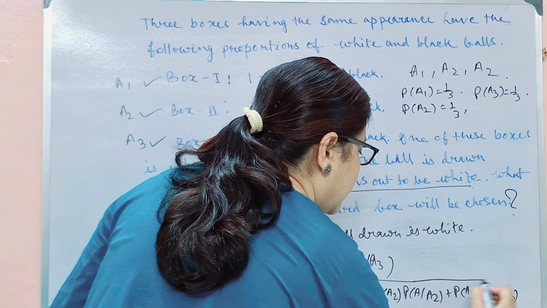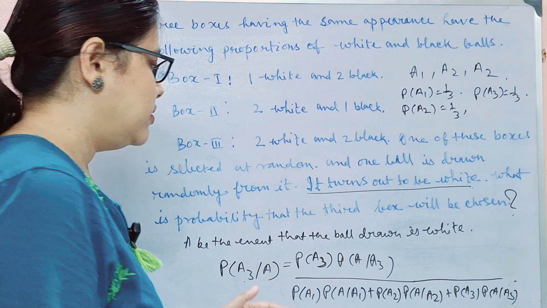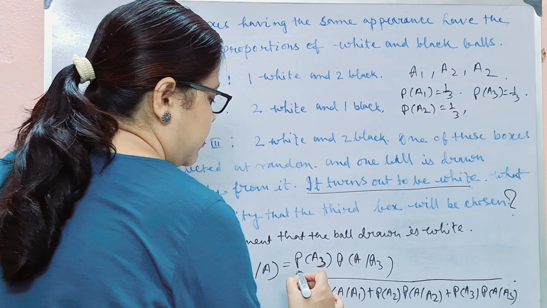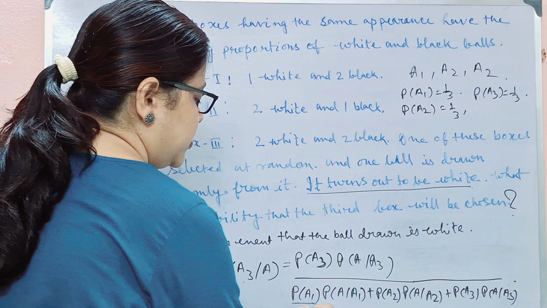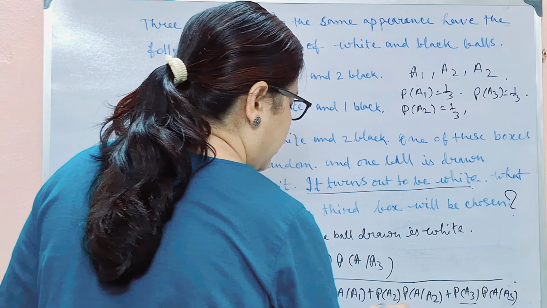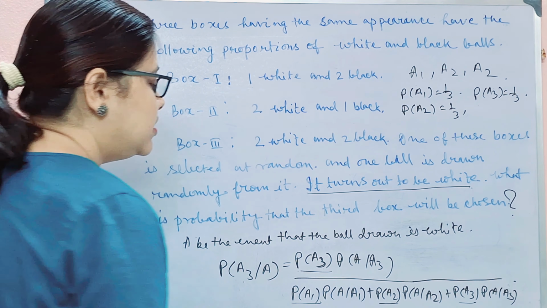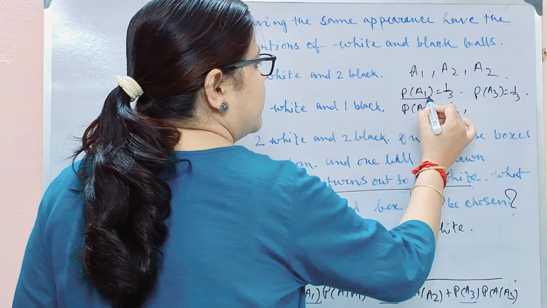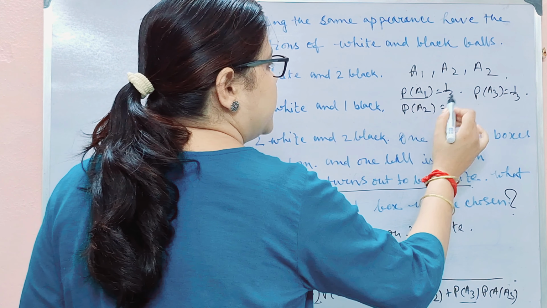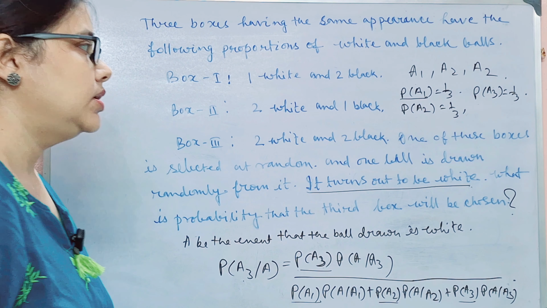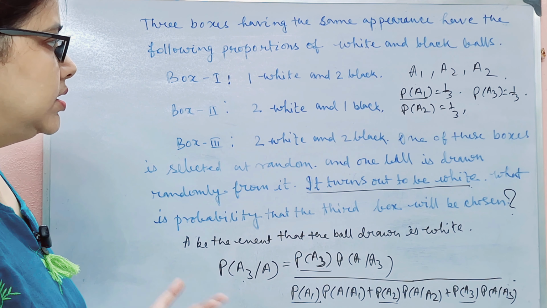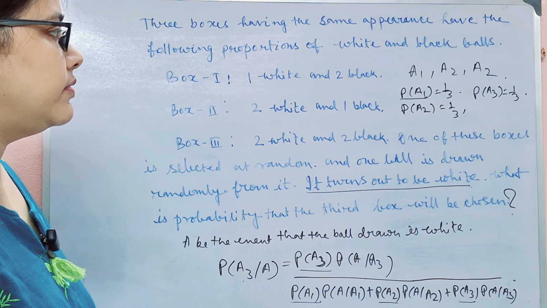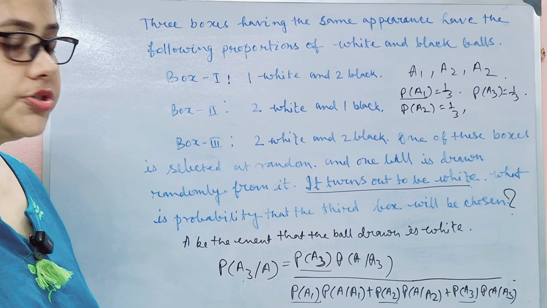This is the formula of Bayes theorem. And if you see, probability of A1, probability of A2 and probability of A3 are known terms that we have calculated, and the three terms have the equal value, that is 1 by 3.